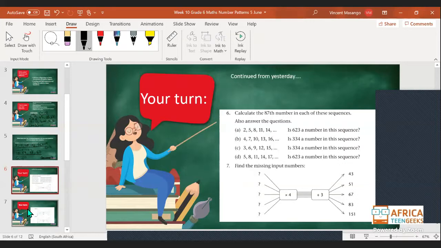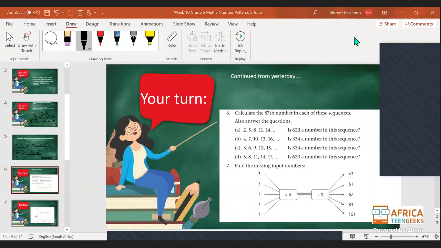Right, so I'm then going to move on to what was continued from yesterday. Now I'm going to need your brains to be in the on position, right? Because you're going to have to think a little bit with these ones. So we are asked here to calculate the 87th term in each of the sequences, and we are given a couple of sequences.